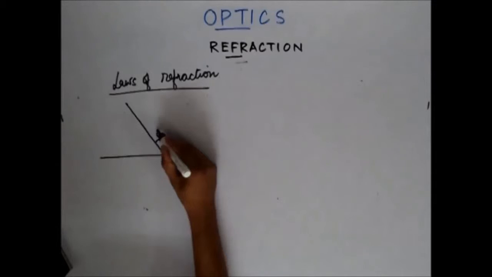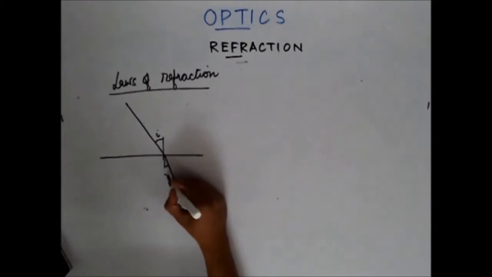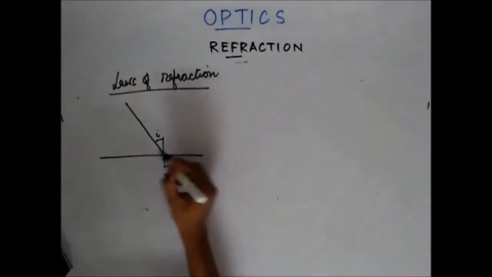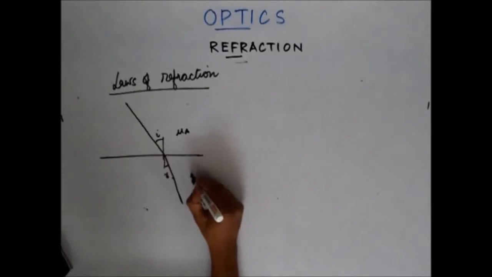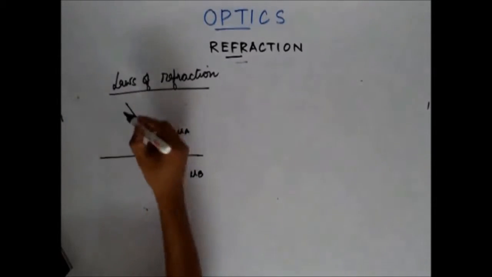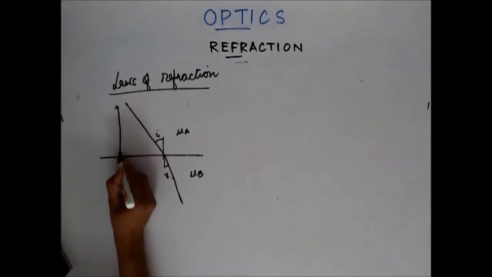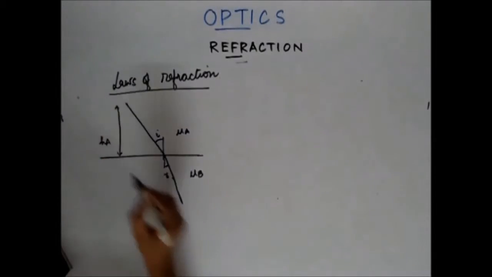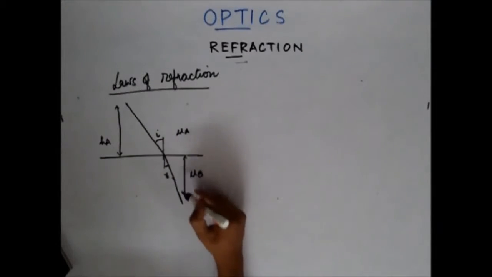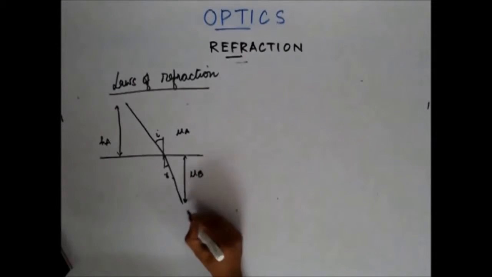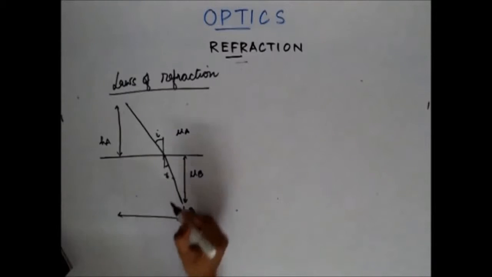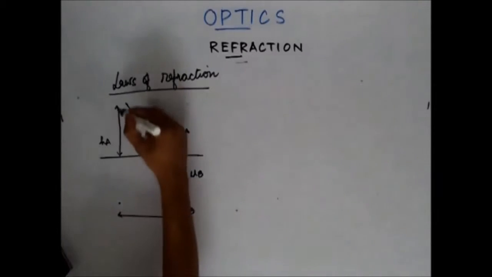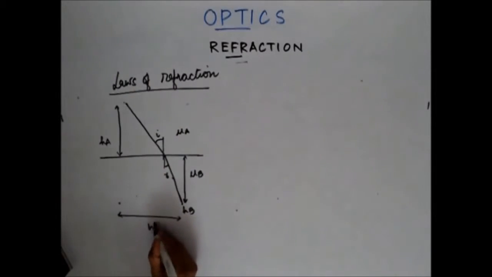This angle is I, this angle is R. Let's say this medium is mu A and this medium is mu B. Let's assume that this height is h of A and this height is h of B. Let's assume that the width from this point to this point is W.